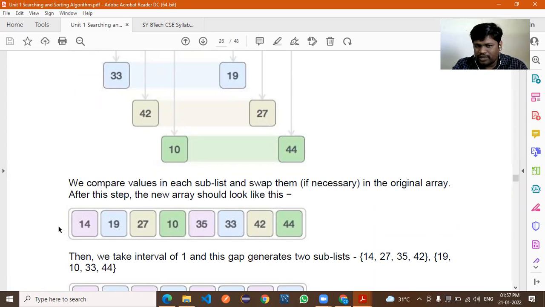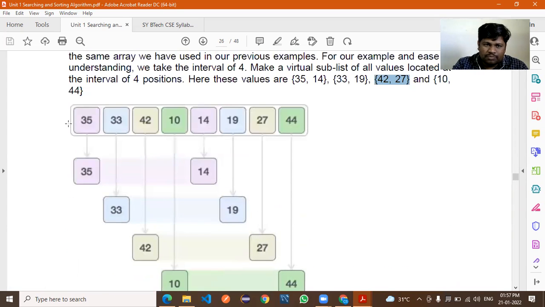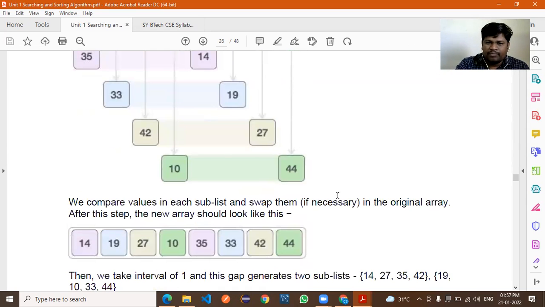This is the previous array: 35, 33, 42, 10, 14, 19, 27, 44. So we made virtual sublists of all the elements located at the interval of fourth position, compared them, swapped if necessary, and stored the result in the original array.